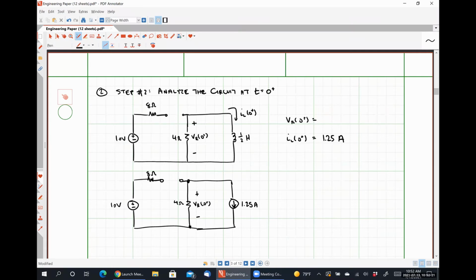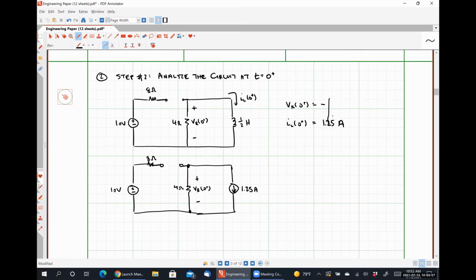And so therefore it would be negative 1.25 amps times 4 ohms, which looks like negative 10 volts.